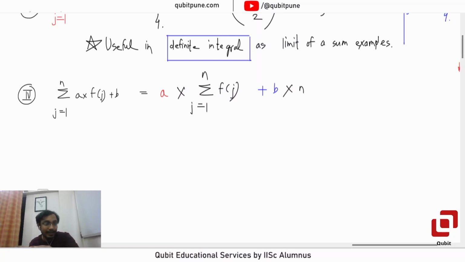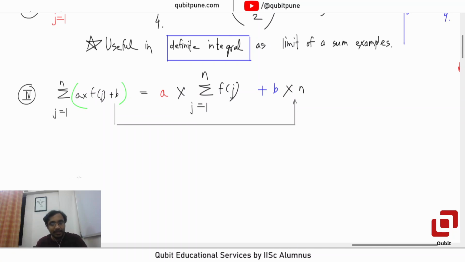That b is to be multiplied by n. Why? Because this is inside the summation. Okay? So summation of b just tells me add b as many times as the numbers here. So here we want to add b n times, and that n at the end is a consequence of that. This n is important. So it's not just a into this plus b. No, that's not the case.